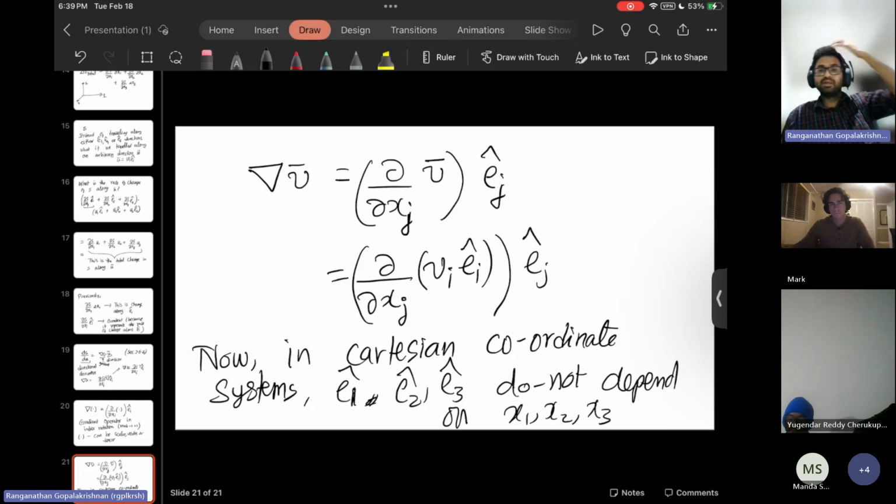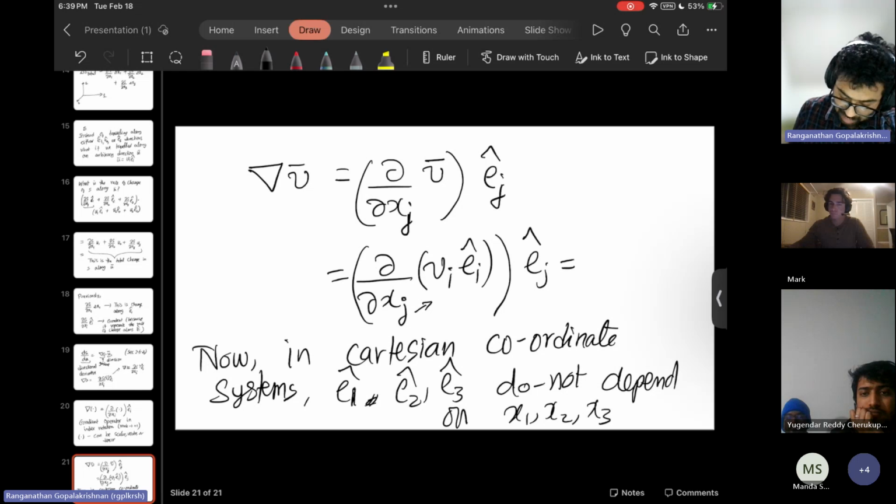That is, they are constant directions, let's say, which don't depend on where you are. That is, it's the same direction regardless of whether you're closer to the origin or farther from the origin. Then this derivative with respect to xj does not really operate on ei. Ei is a constant with respect to xj.